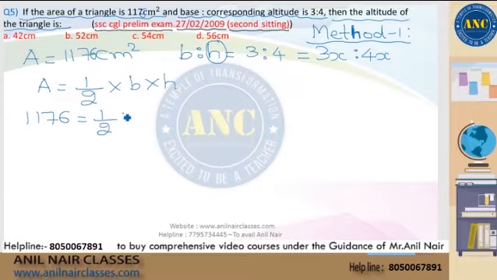This is half into base is 3x. Height is 4x. Now, if I simplify further, 2 will cancel with 4. It becomes 2x. So, this is 1176 is equal to 3x into 2x. 3x plus 2x, like my previous question, is 5x. If I add or subtract, the degree of 1 will still remain 1 itself.